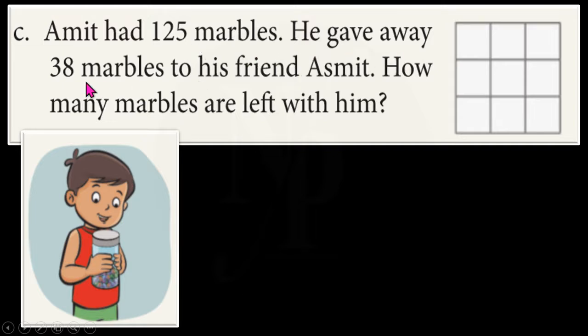He gave away 38 marbles to his friend Asmith. How many marbles are left with him? Look here in this picture. So Amit is having some marbles in a jar here, and he had 125 marbles.